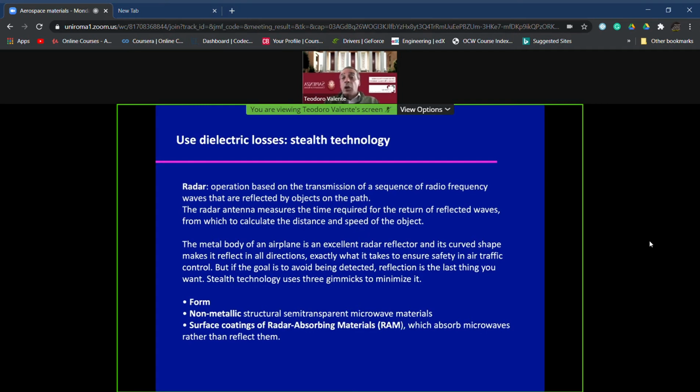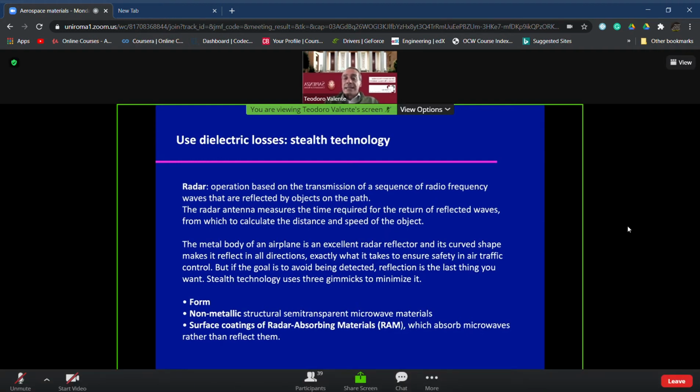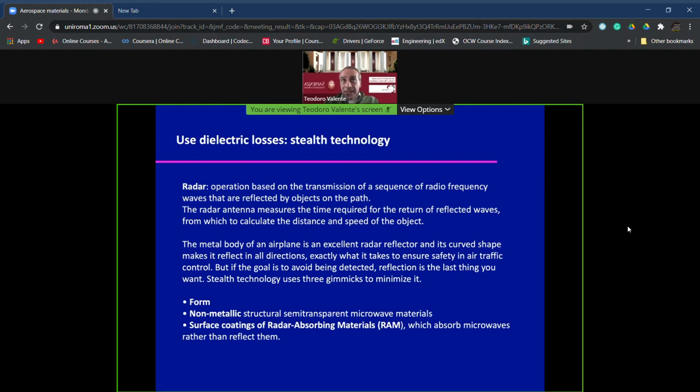But if the goal that we have in mind is to avoid being detected, well, this means that reflection is obviously the last thing we want. And so the area of stealth technology deals with the necessity to suppress as much as possible reflected electromagnetic waves.